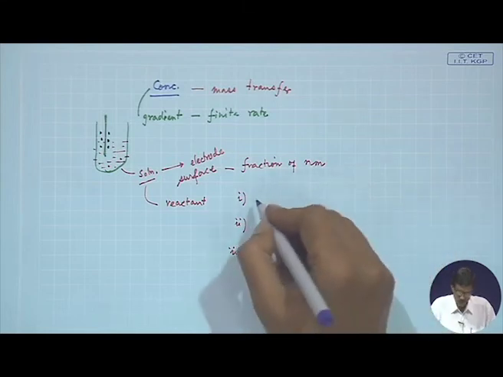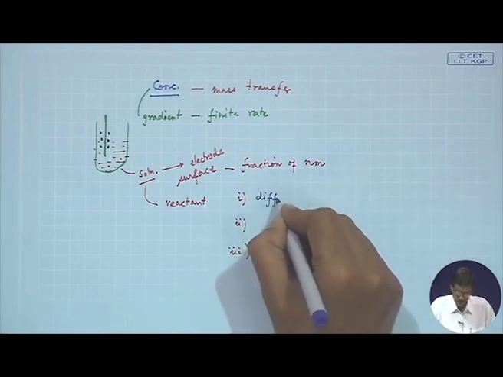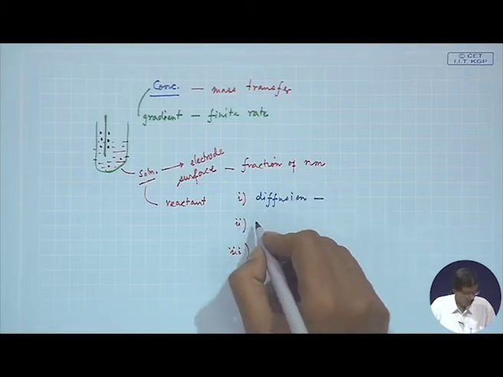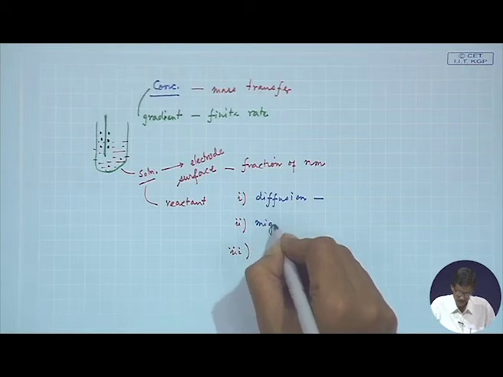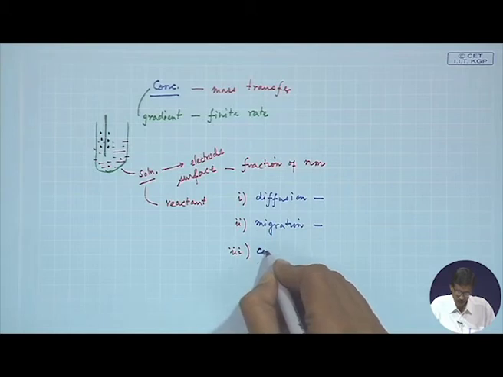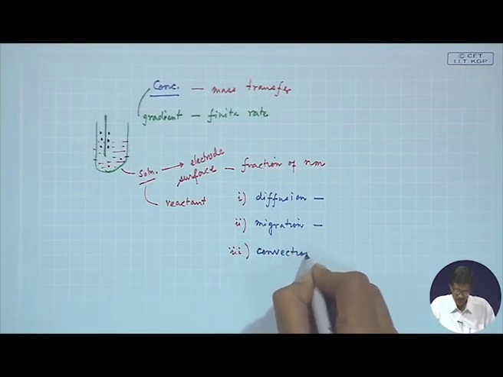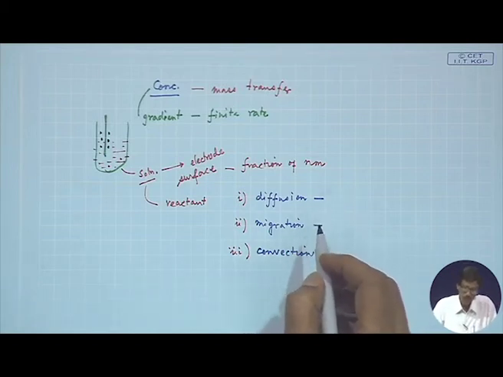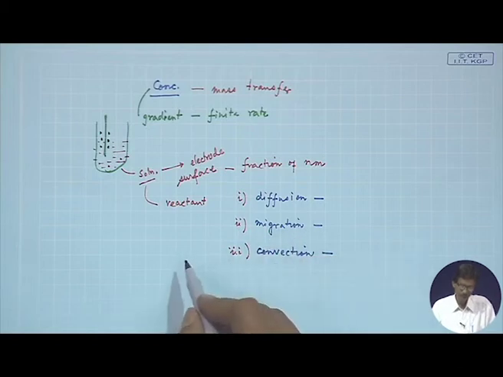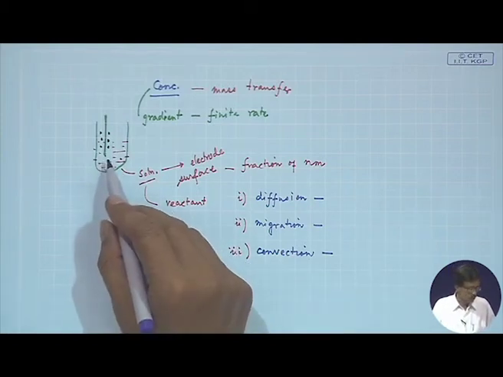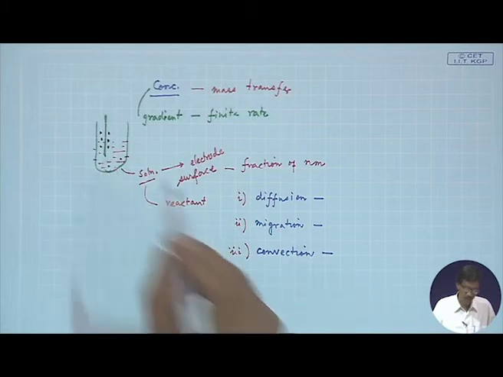One is diffusion, second one is migration, and third one is convection. So, these are the things which are responsible for the transfer of your species from solution to the electrode surface, and that is very much important.